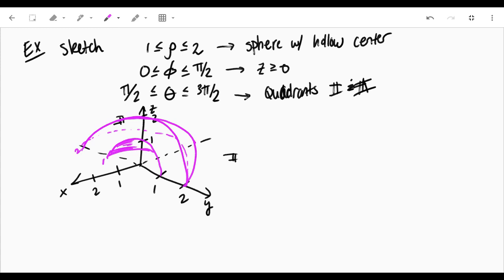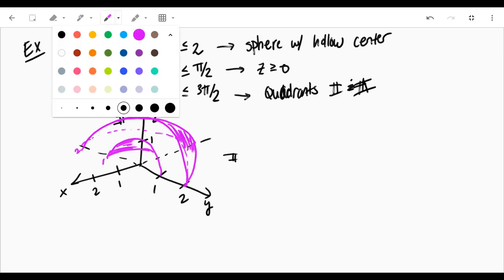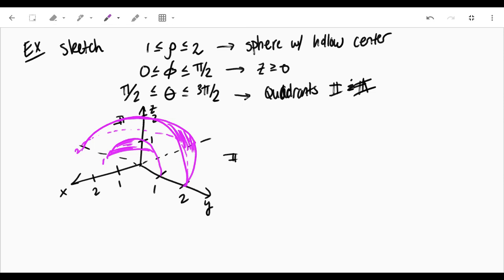This is coming around the back here, and I'm even going to use a different color. This would be the cross section, like that, almost like a cave.